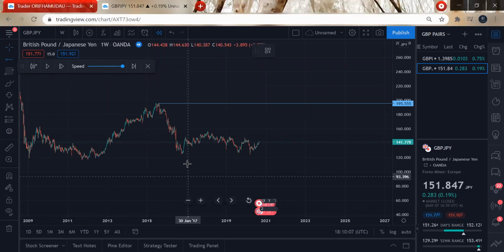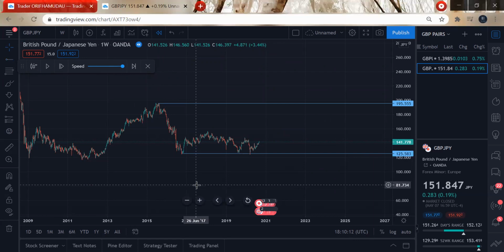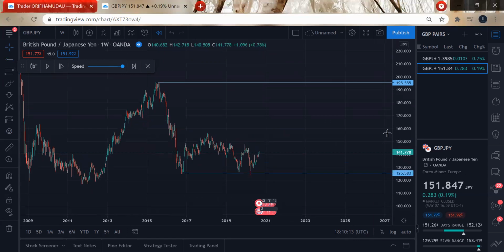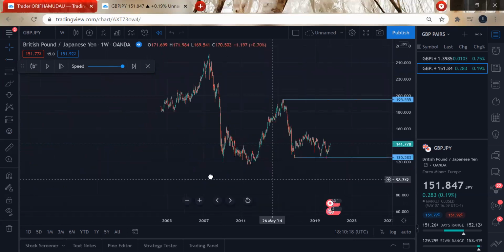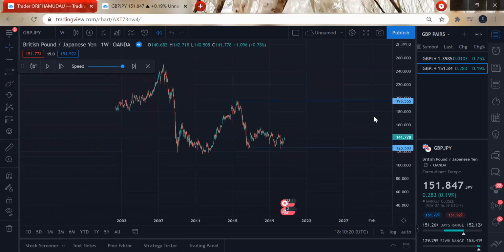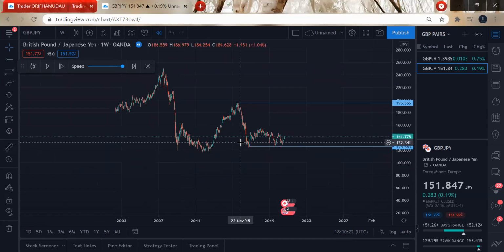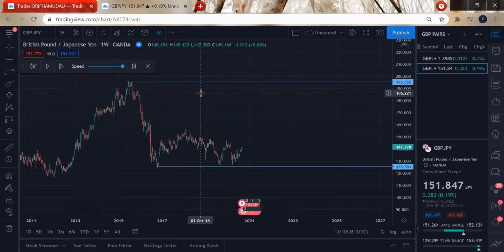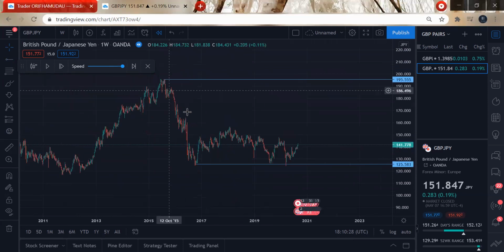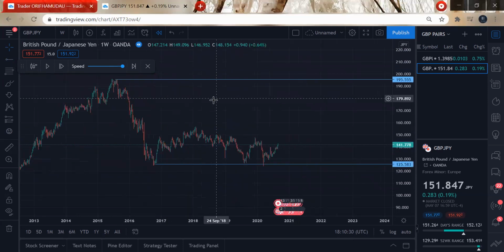And then I pick the last lower low, or the last lowest low, by zooming out here on the weekly. So already I can see how this market of GBP/JPY is starting to shape up.